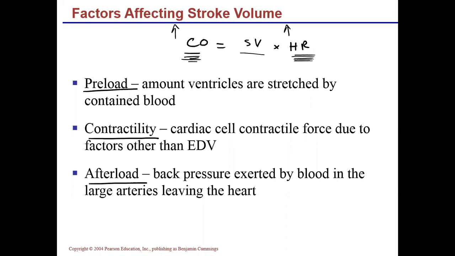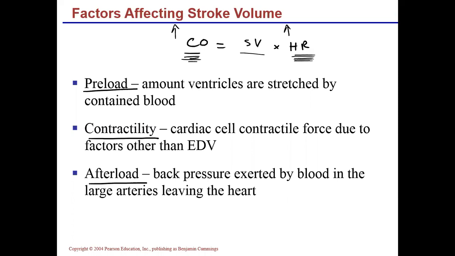This is referred to as preload. Due to the way that the actin and myosin position themselves and so on, they could stretch, and the amount of blood that is returning to the heart might vary as well. All right, so that is called preload.